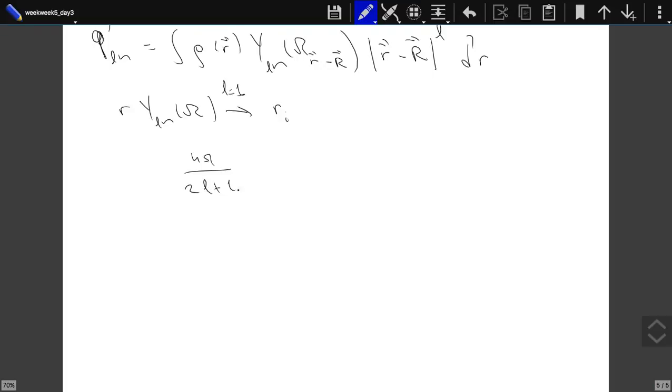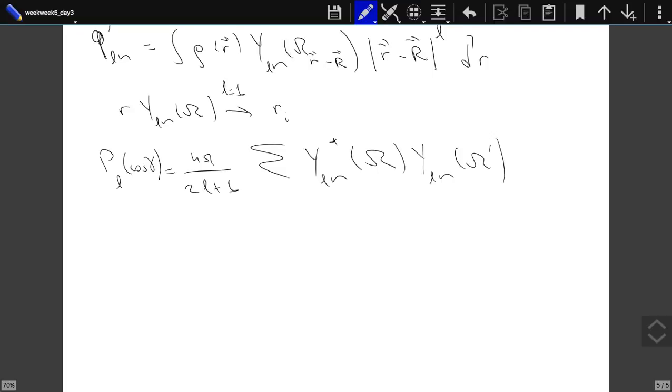Remember it had to do with the addition theorem.